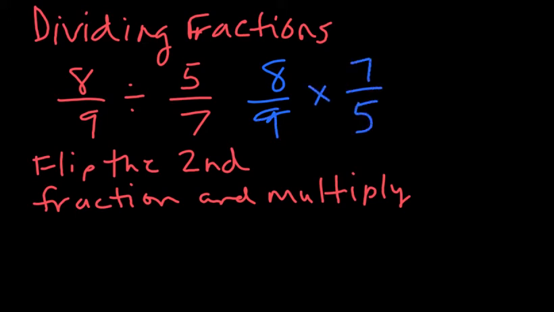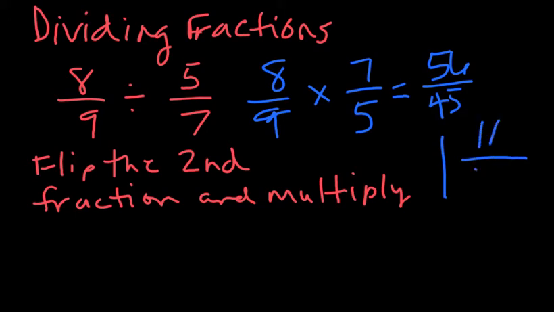Flip the second one and multiply. Top times top, bottom times bottom. 8 times 7, 56. 9 times 5, 45. Make it proper. You get 1 and 11/45.